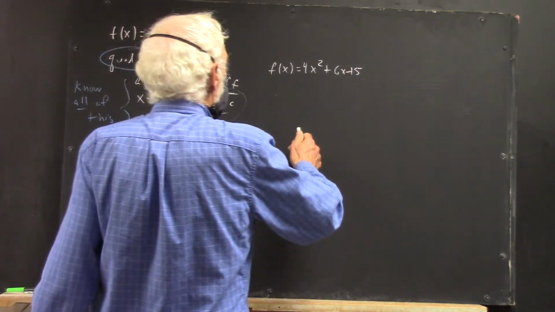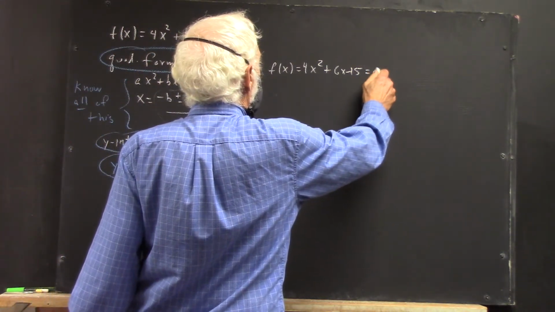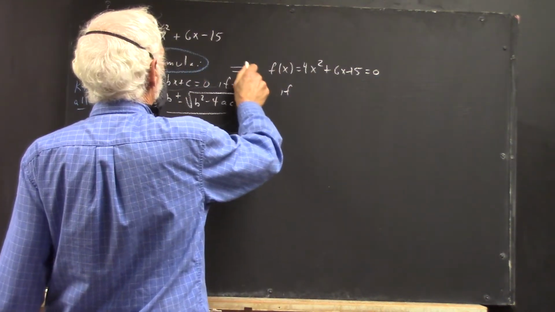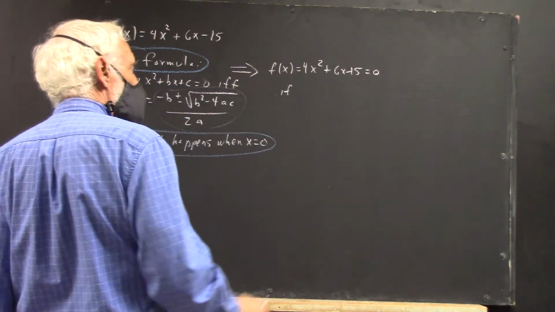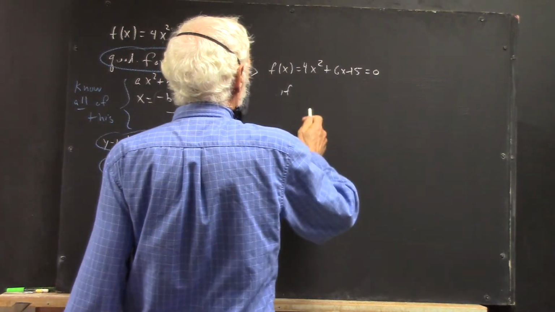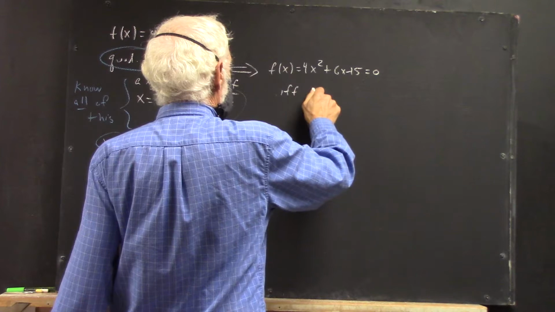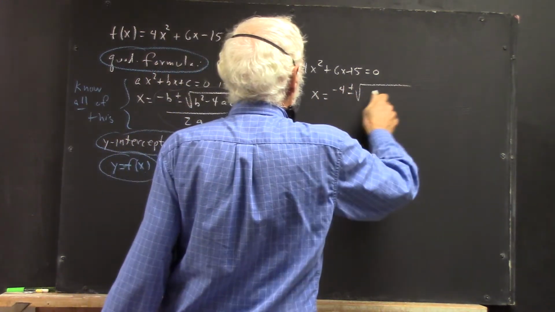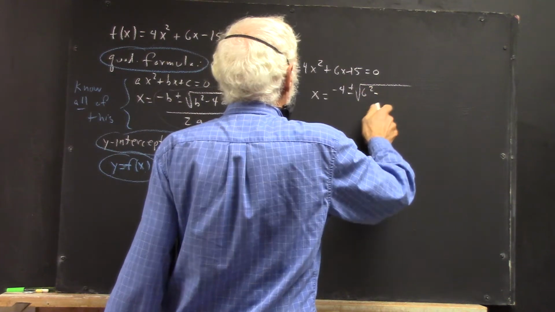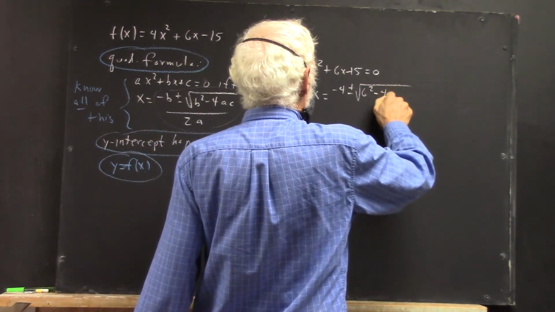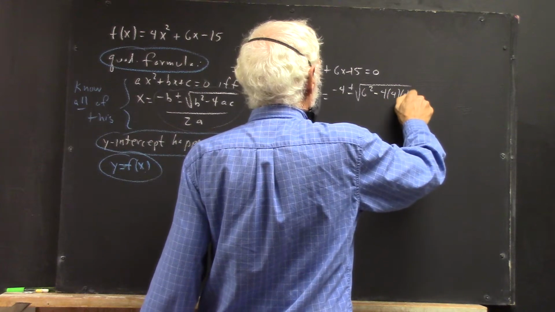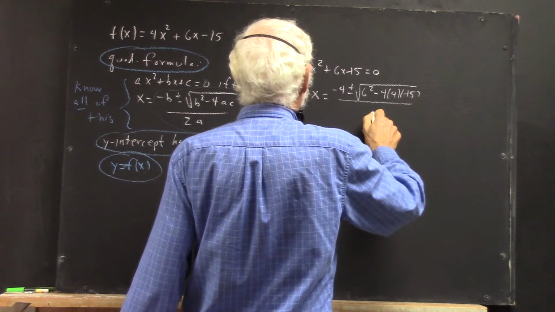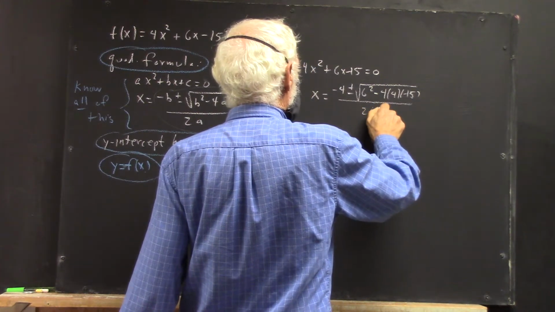So from this, we can conclude that f of x equals this, which equals 0, if and only if x equals negative 4 plus or minus the square root of 6 squared minus 4 times 4 times negative 15, all divided by 2 times 4.